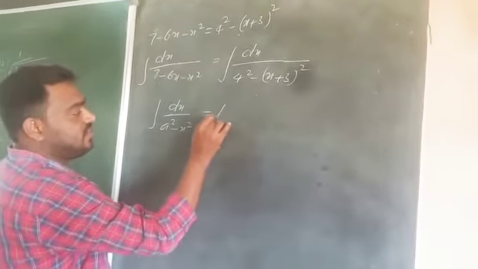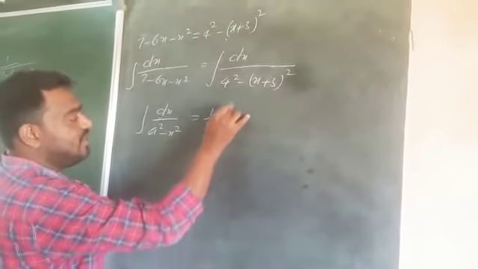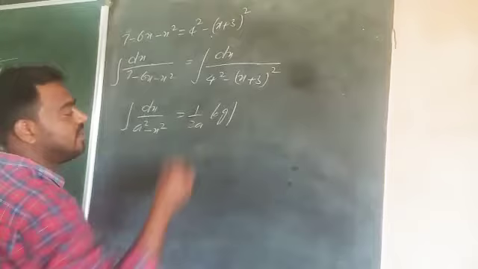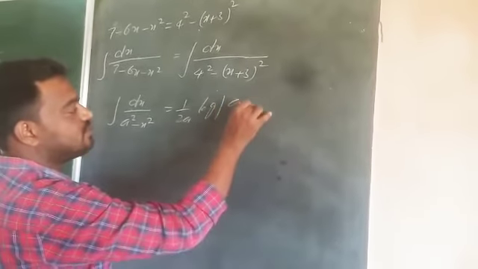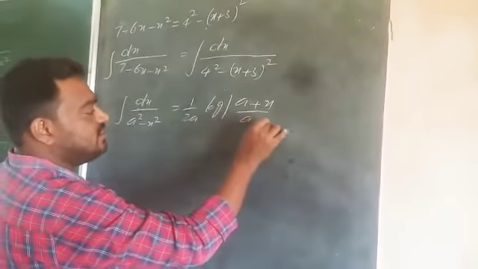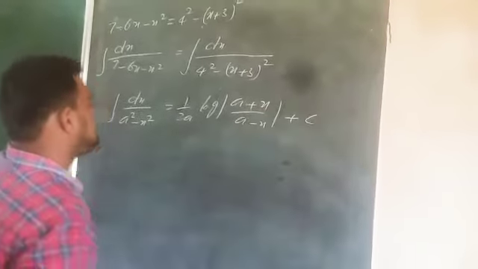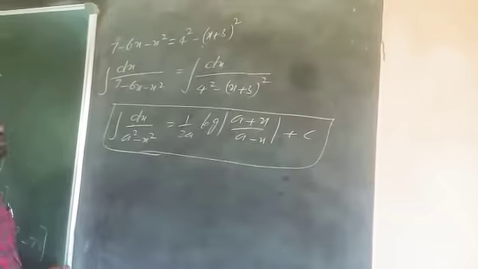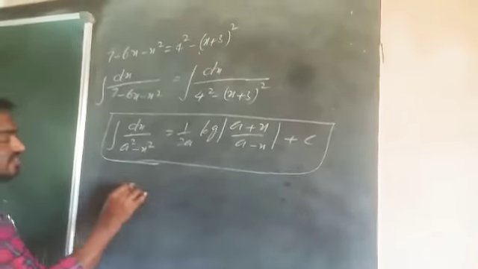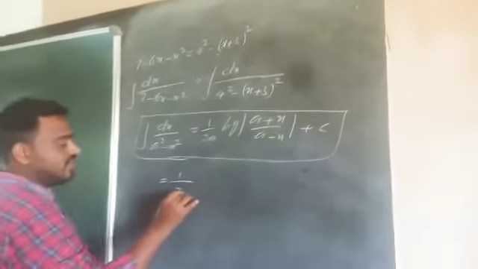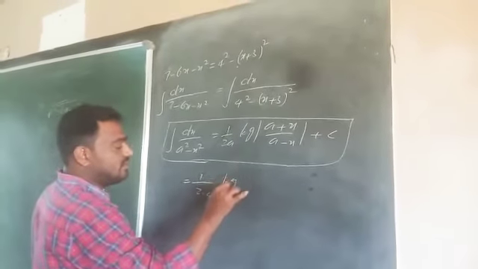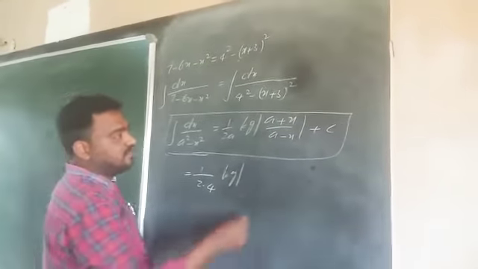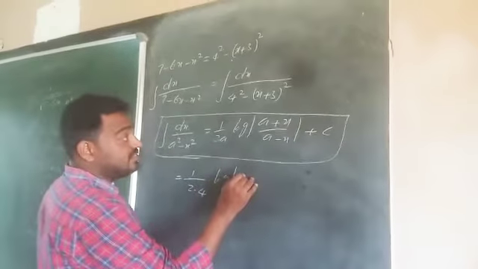This is equal to 1 by 2a log mod of a plus x by a minus x, that is the formula. Here a is equal to 4, and x is equal to x plus 3.